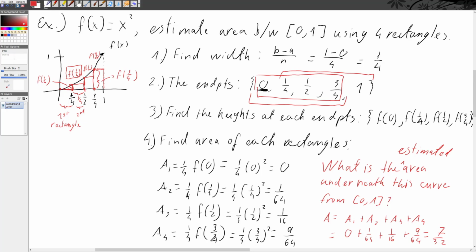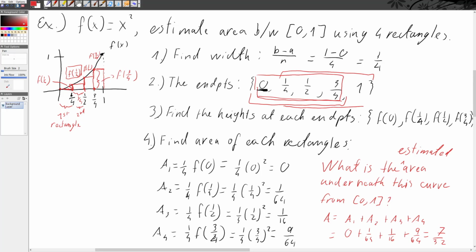So these steps 1 through 4, that's what you want to use to estimate the area underneath curves using rectangles. The only difference is that the question might ask you to use either the left endpoints, which go from 0 to 3/4, or the right endpoints, which go from 1/4 to 1.